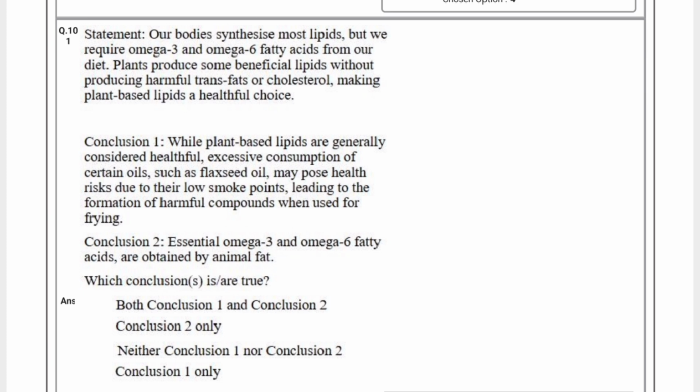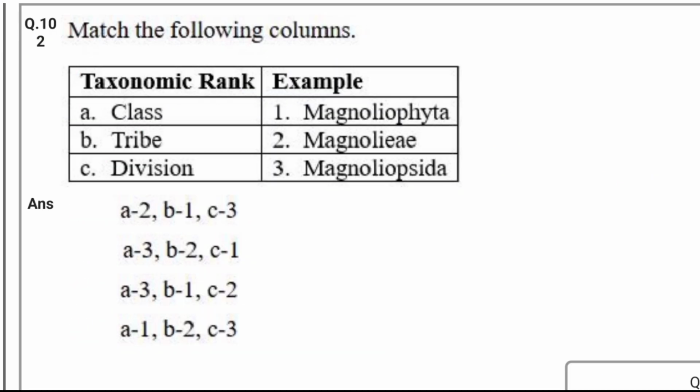Conclusion 2: essential omega 3 and 6 fatty acids are obtained from animal fat. Among these you have to pick the correct conclusion. Options are: both conclusion 1 and 2 are true, conclusion 2 only, neither conclusion 1 nor conclusion 2, conclusion 1 only. For this, the correct answer is neither conclusion 1 nor conclusion 2. Let's see the next question.